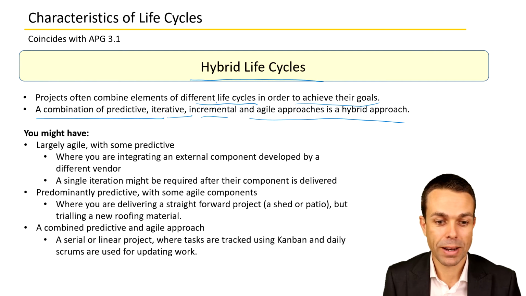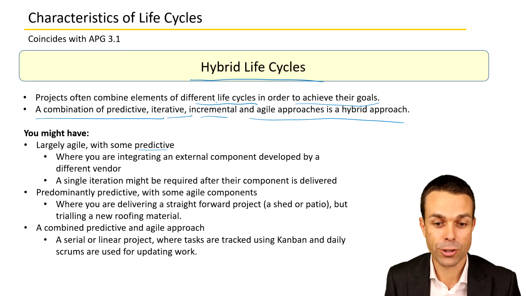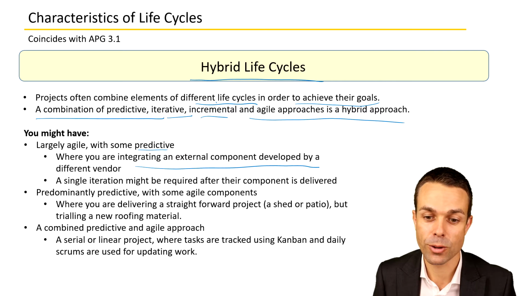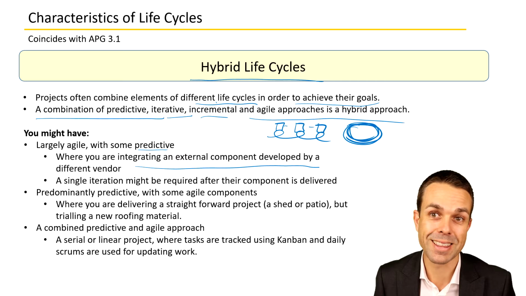For example, you might have a largely agile approach with some predictive, where you're integrating an external component developed by a different vendor. So maybe you're using an agile approach, incrementing at certain iterations and 2 to 4 week iterations, but then you've got a third party delivering something over here, and you can't actually see into their process.